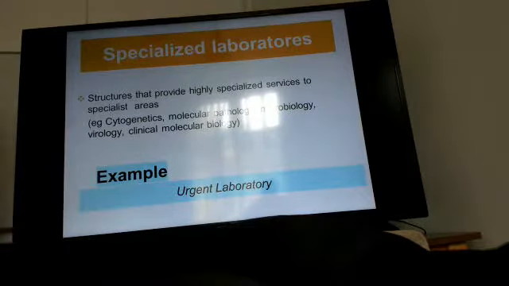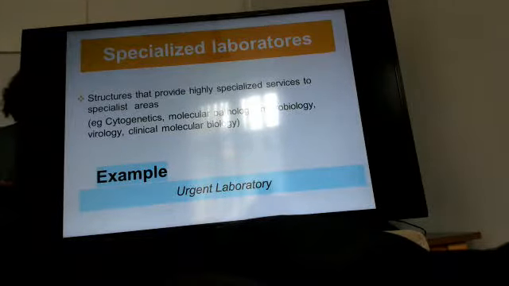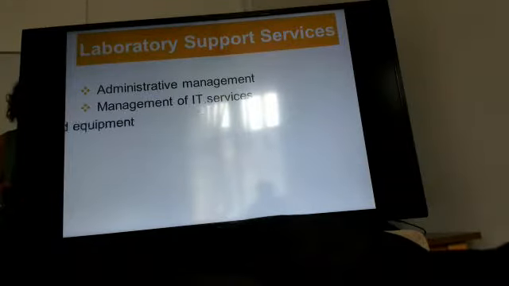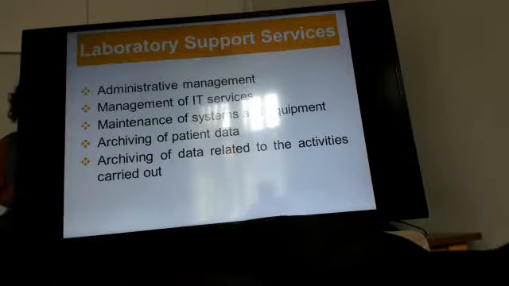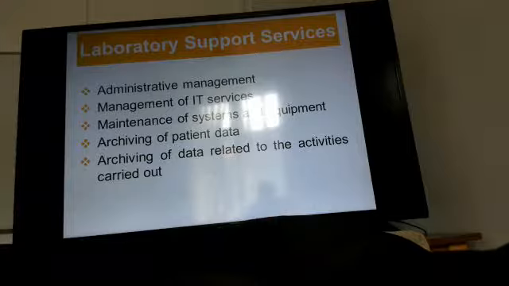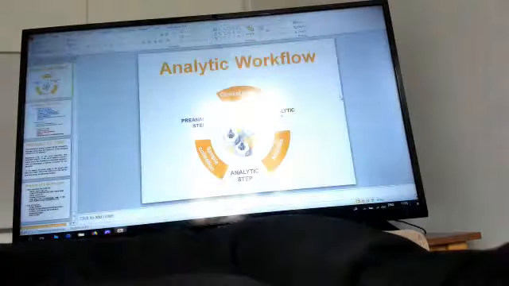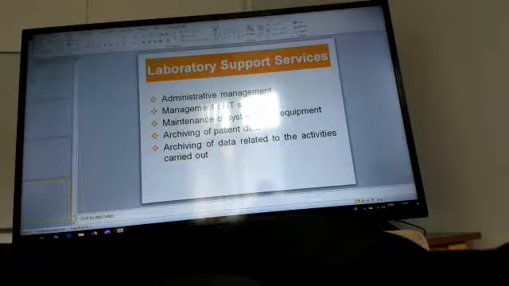Specialized laboratories can be present for special analyses that are not routinely required, or for urgent tests. And here you can see other specialties that are requested. Okay. This is the organization of the lab.